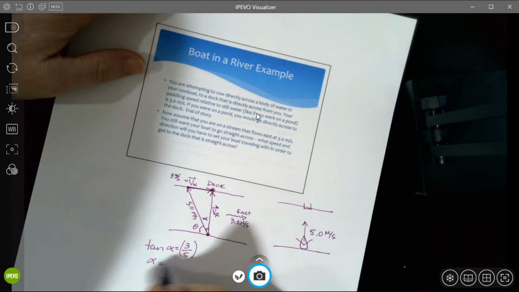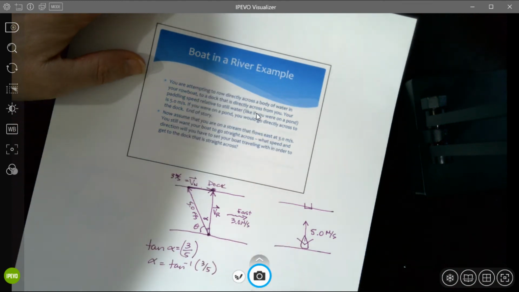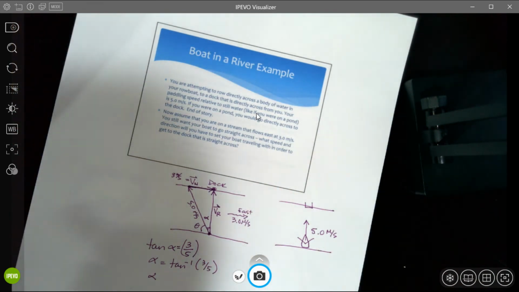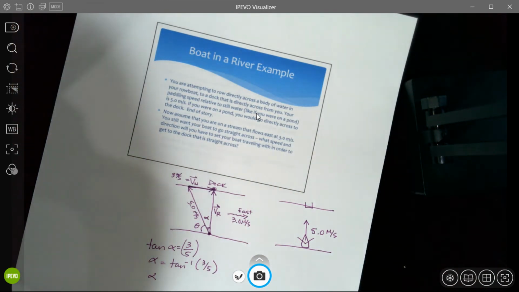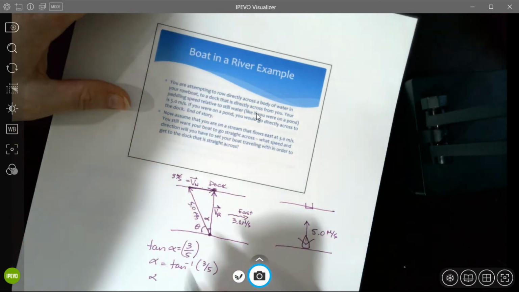So alpha is tan negative 1 of 3/5. So what does that make alpha come out to be? Use your calculator. 3/5. 30.964 degrees.